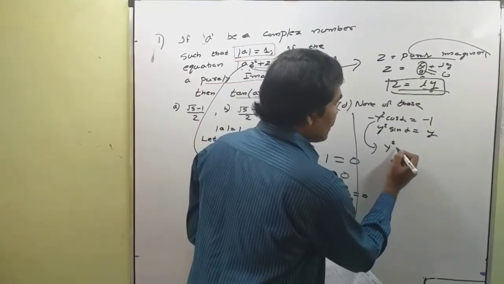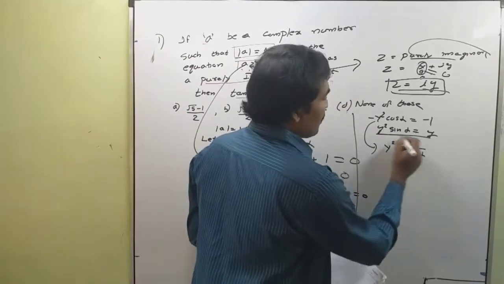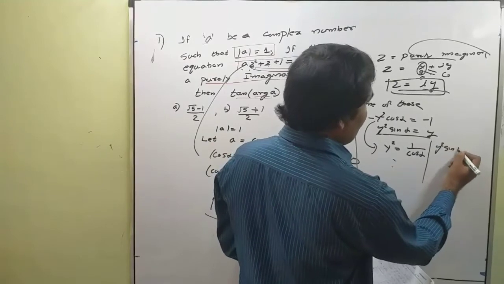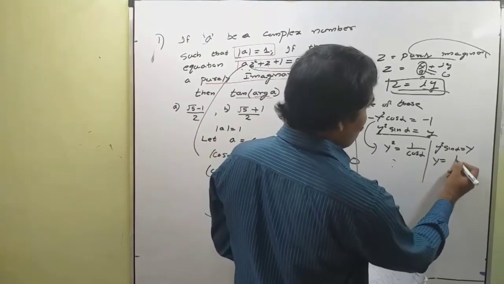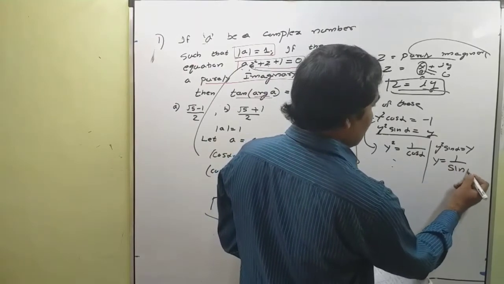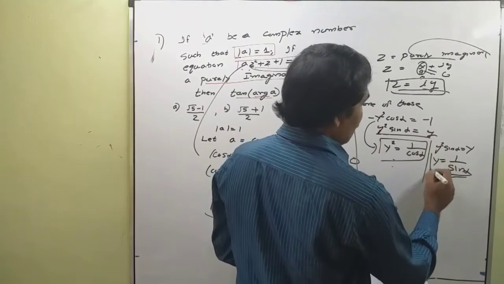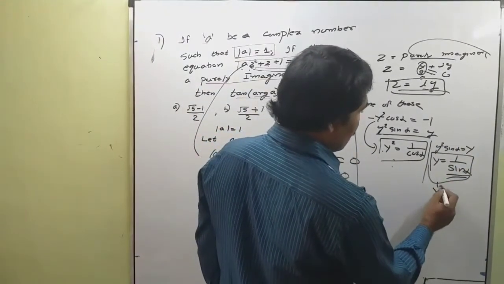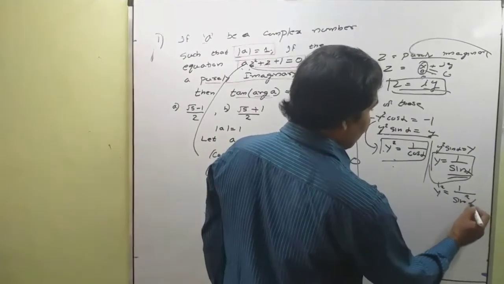Y square is equal to 1 by cos alpha. From this expression, y square sin alpha is equal to y, or y is equal to 1 by sin alpha. Here y square is equal to 1 by cos alpha and y is equal to 1 by sin alpha. So y square is equal to 1 by sin square alpha.